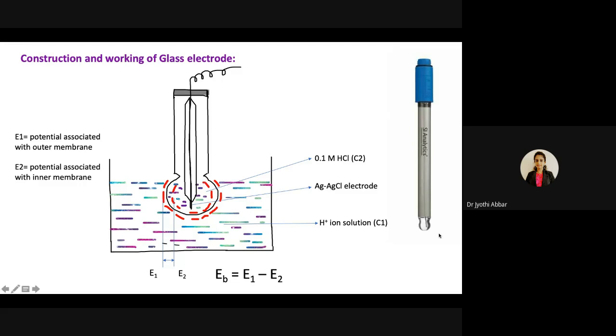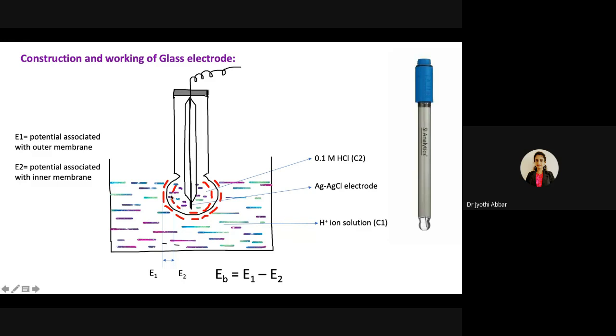This silicon dioxide, that is silica, SiO2, is doped with sodium oxide as well as calcium oxide.